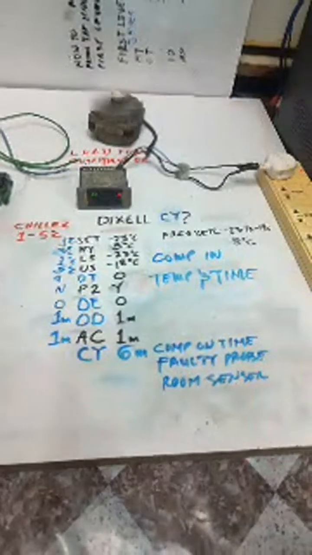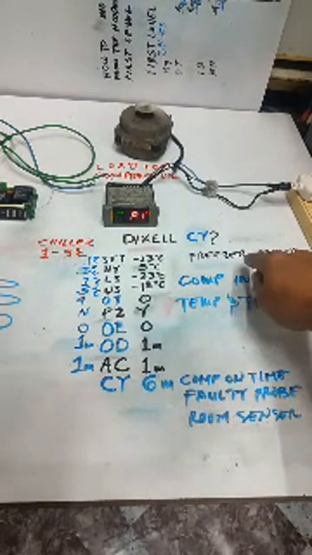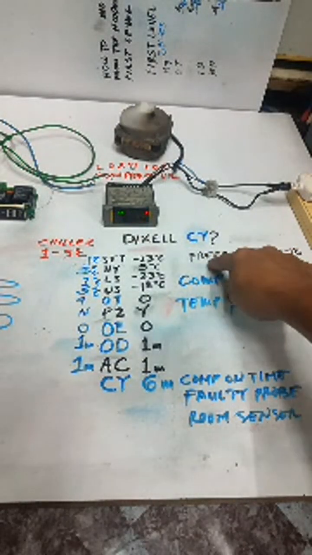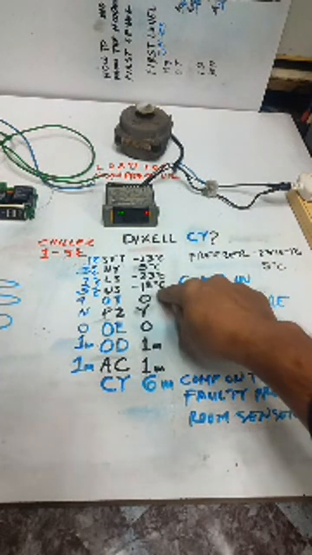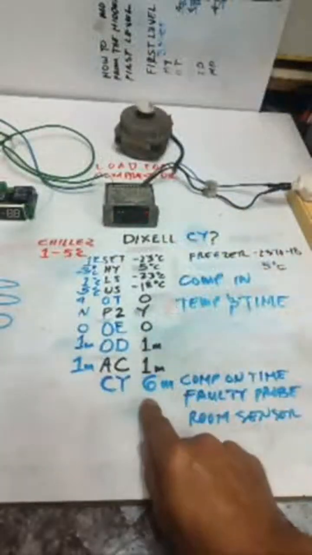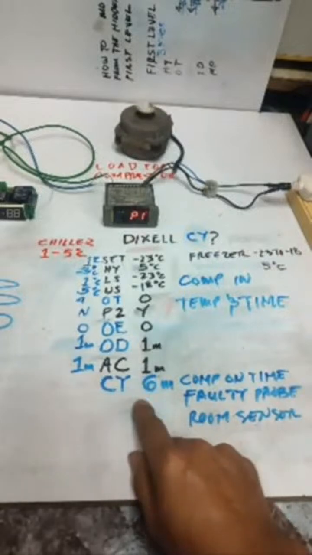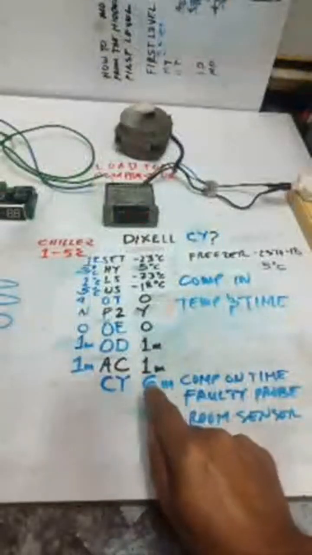As my graph says, as part of my observation, it took only 6 minutes for my unit, which is the freezer, to reach my set point from negative 18 to negative 23. So I put 6 minutes here. If you put 8, if you put 7, if you put 5, maybe 5 is premature, so it's up to you.